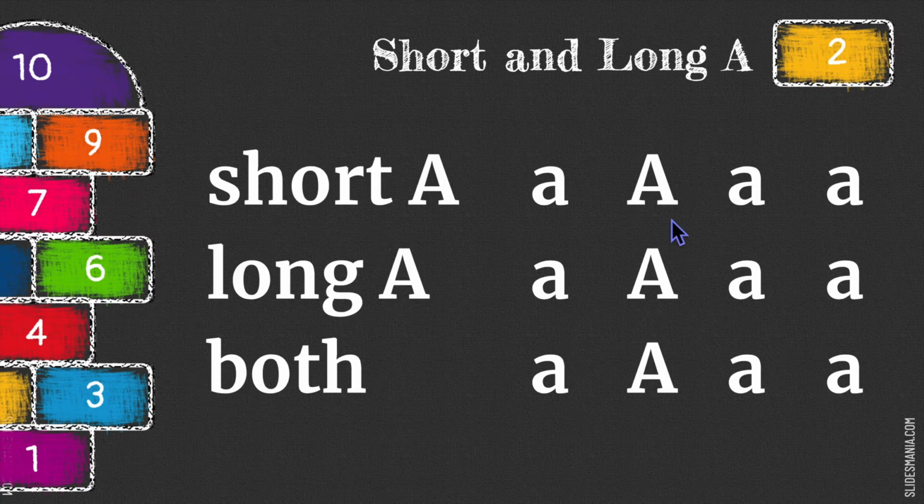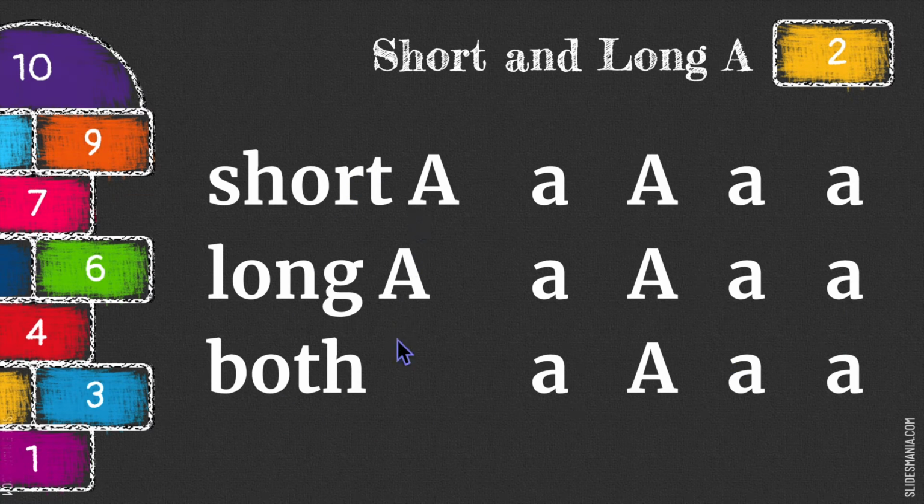Ah, ah, ah, ah. Now vowel sounds also have their long sounds. Their long sounds are the same as their names. So the long sound of this is A, A, A, A. So let's do both sounds now.